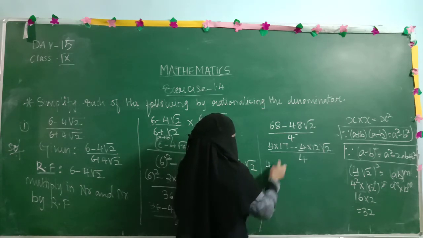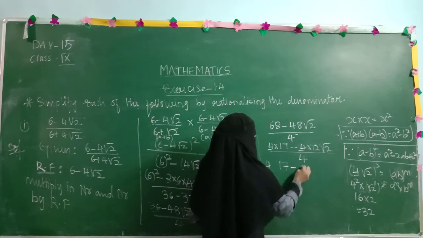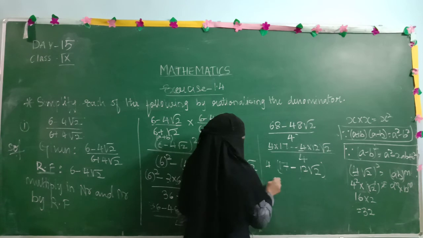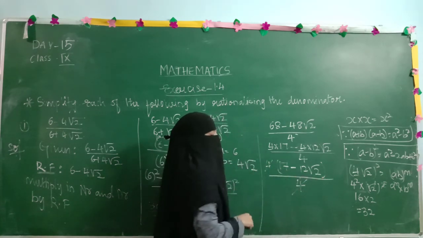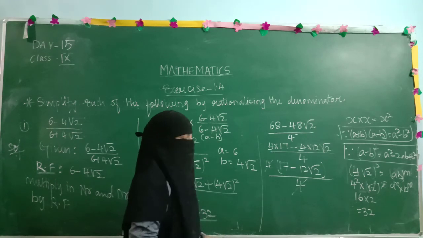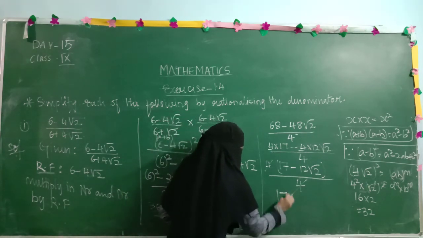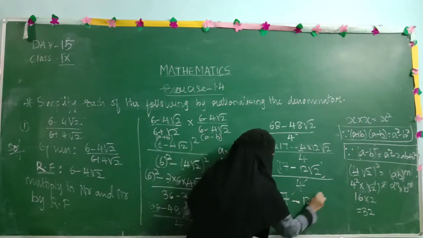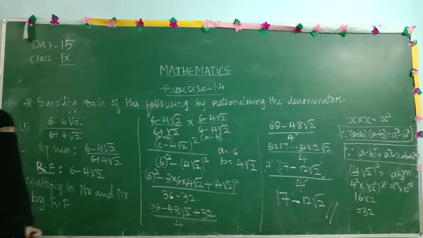When you have taken out the common factor, what is left? 17 minus 12 root 2 in the numerator, and in the denominator you have 4. This 4 gets cancelled in the numerator and denominator. So the final left out terms are 17 minus 12 root 2. This is your final answer.